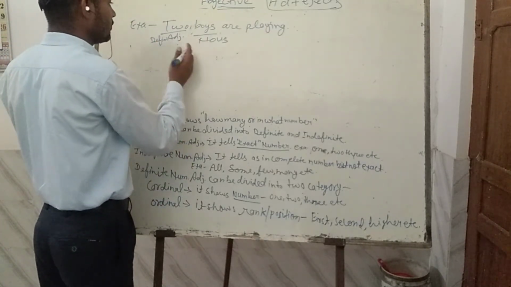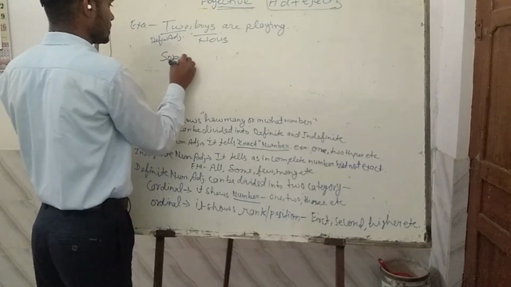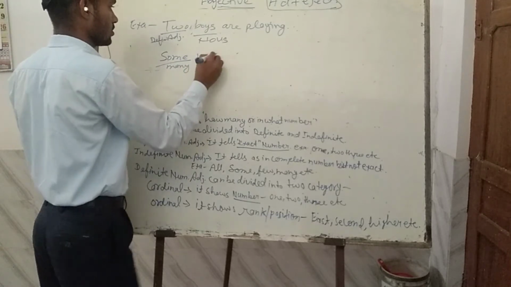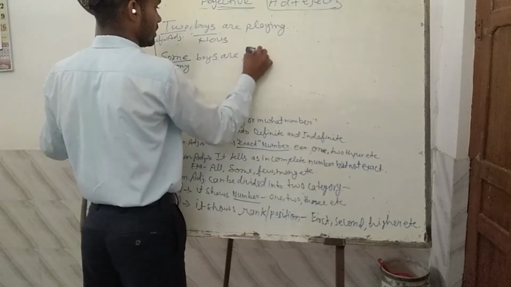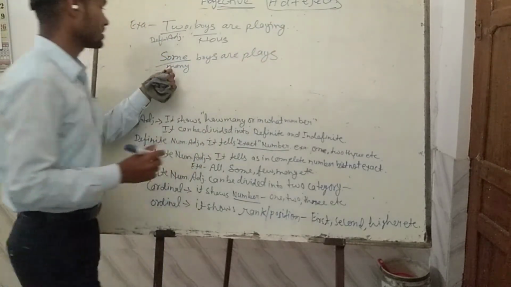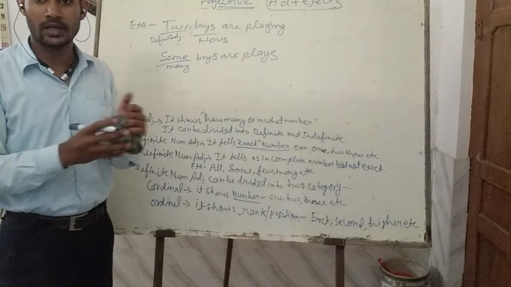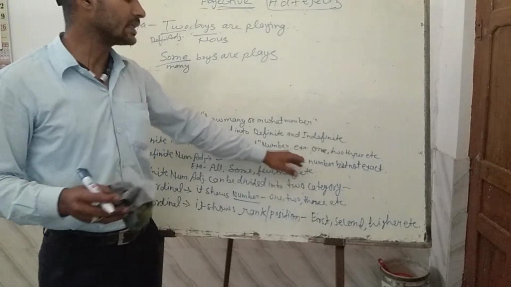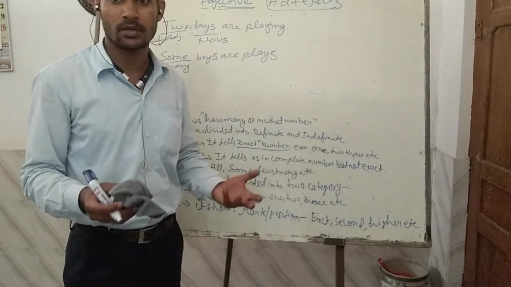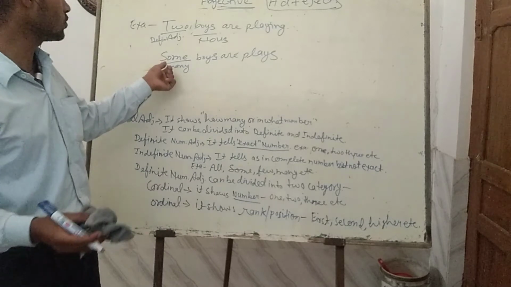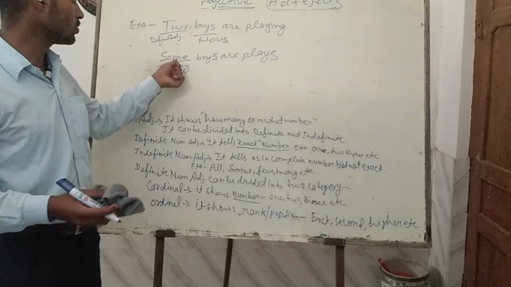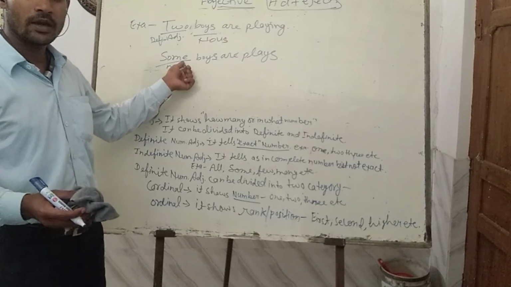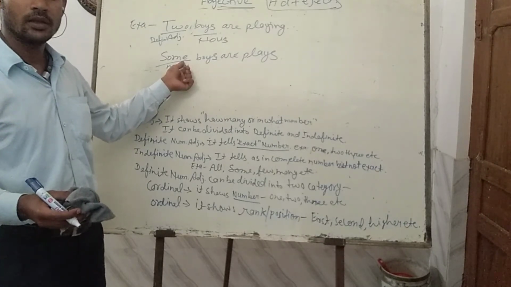And indefinite, some boys, many boys are playing. Some, many are incomplete in number, but not exact number. You can use 10 boys are playing. Then the word 10 will be in the category of definite numeral adjective.